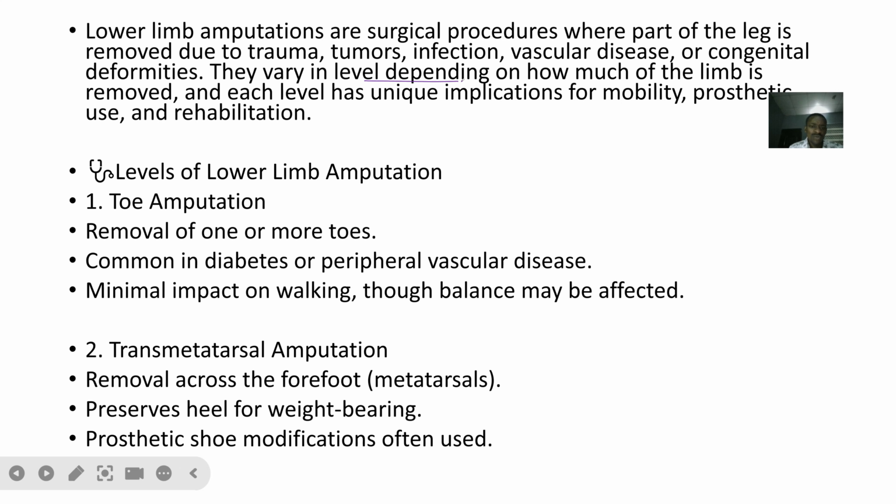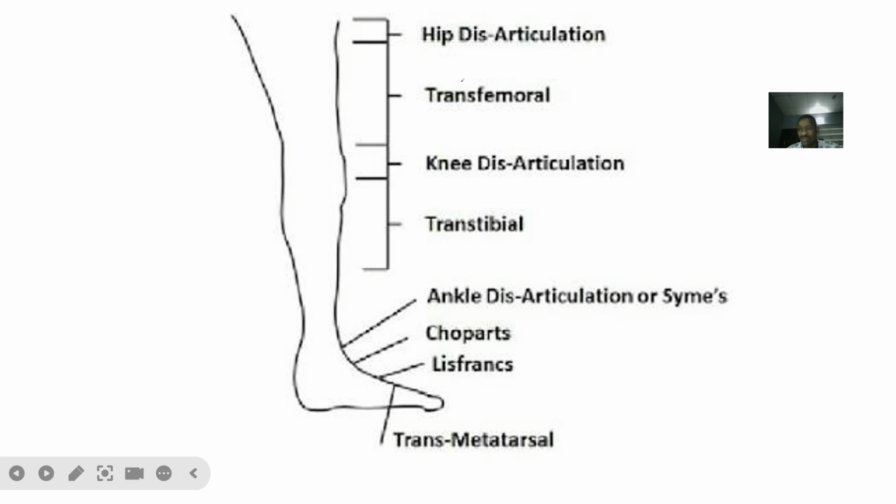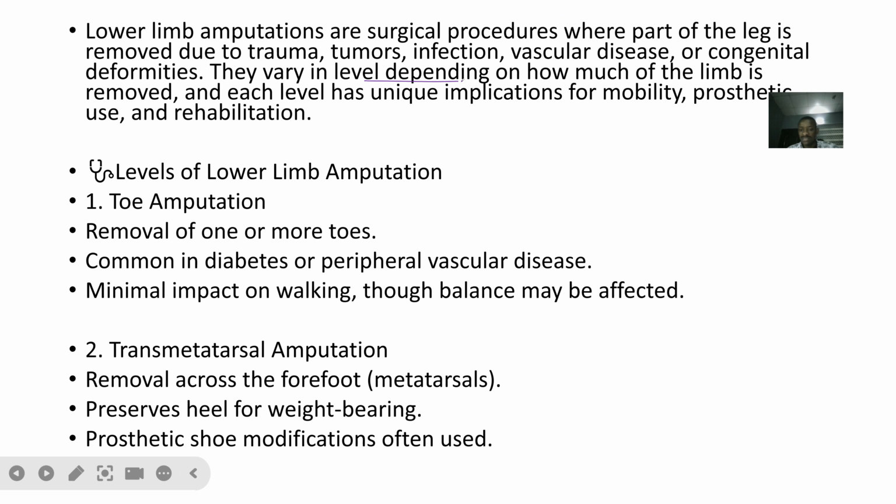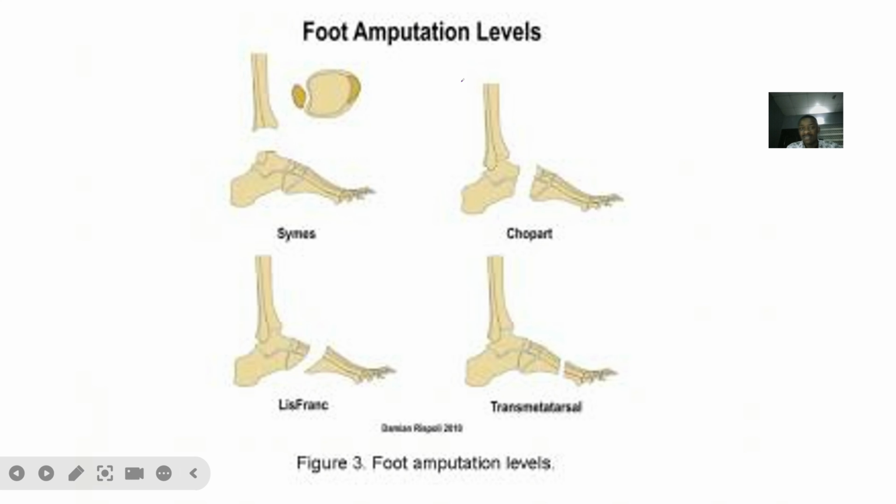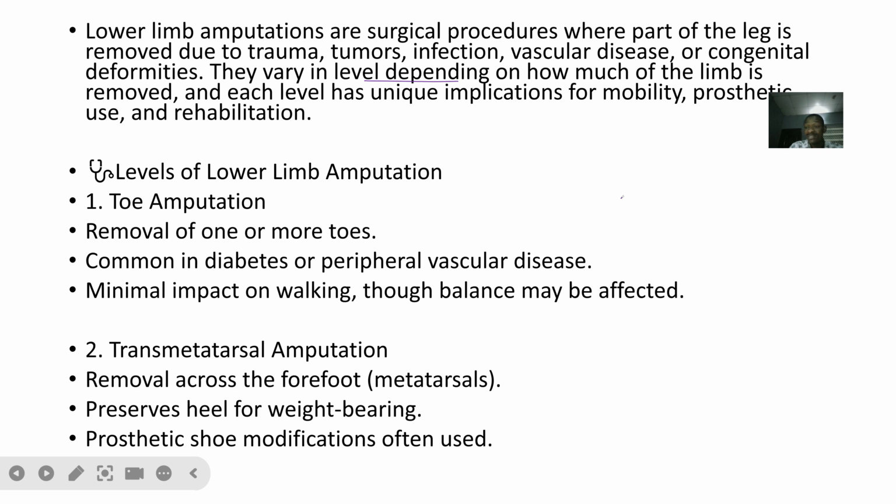Okay, so levels of lower limb amputation, you have the toe amputation, which is removal of what? One or more of the toes. This picture should explain better. Removing one, you have about 5 toes: 1, 2, 3, 4, 5. It's common in diabetes.